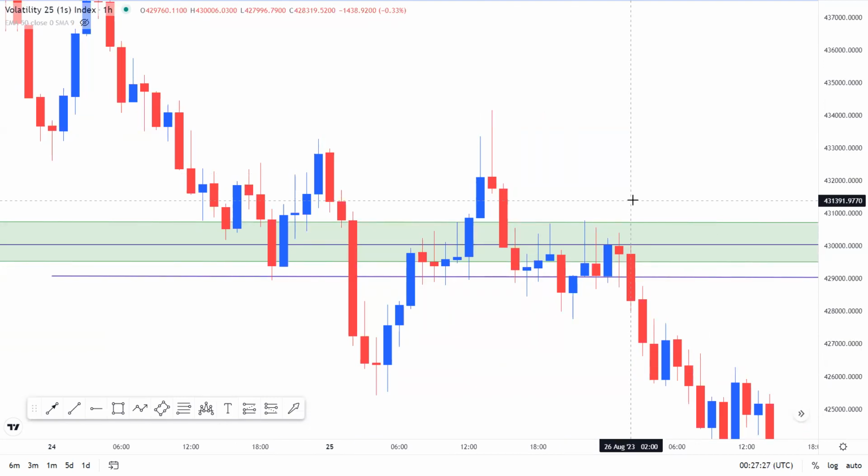Now, this goes back to answering the question of what would be your most preferred time frame once you've clearly identified the higher time frame area of interest, scaling down to the lower time frames.